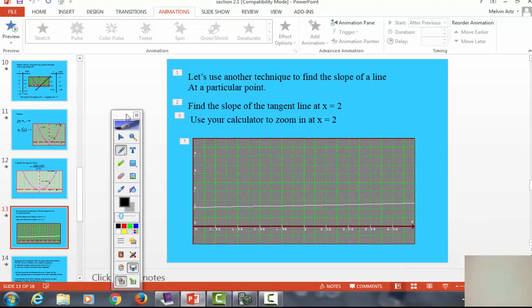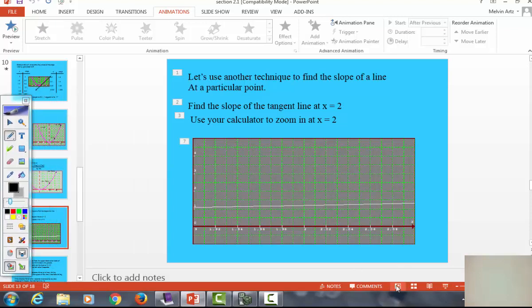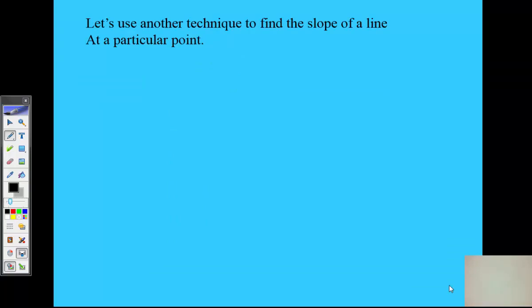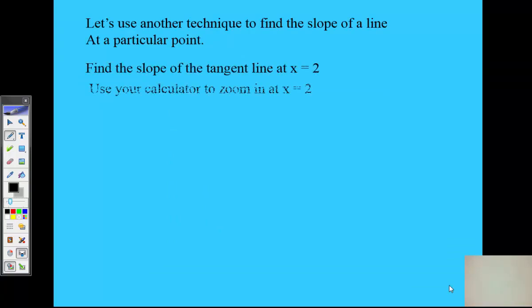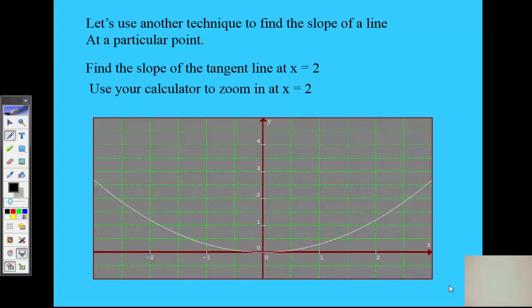So let's go back to our slides. It says, find the slope of the tangent line at x equals 2. Use your calculator to zoom in at x equals 2.